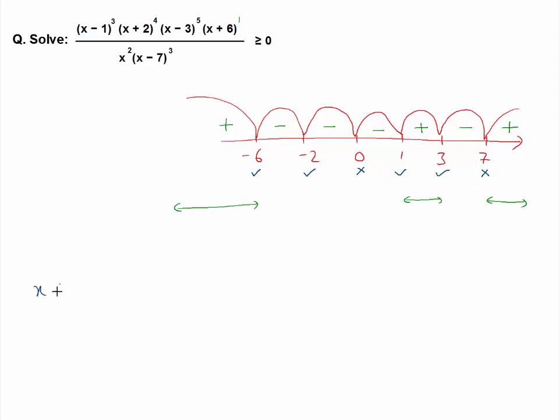So therefore our final answer would be x belongs to minus infinity to minus 6 included, union, the set where we have minus 2, and then union 1 to 3 both included, union 7 to infinity both not included, because 7 would make the expression not defined, and infinity is not included by the rule.